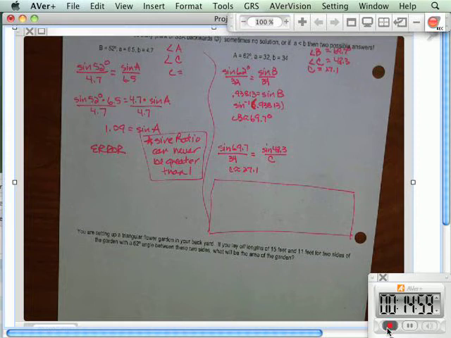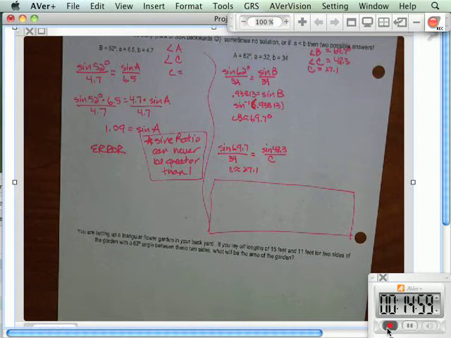Does anybody know what the supplement of 32.2 is? It's pretty big. It's like 147.8. Oh, wait a minute. Do we have a problem in this triangle here? Yeah. It's going to be way over. So that tells me there's only one triangle that can be formed by these numbers. See it? You should always check. When you're given ASS, or excuse me, SSA, always do this little thing to check to see if there's one triangle formed or two. Okay?